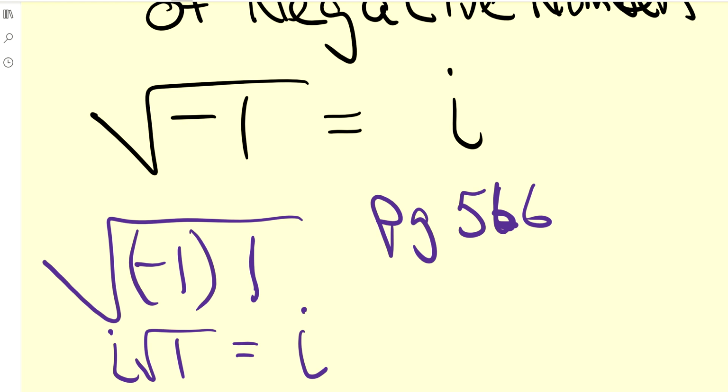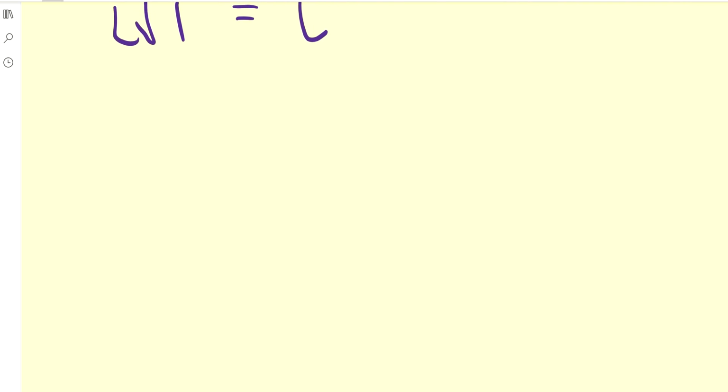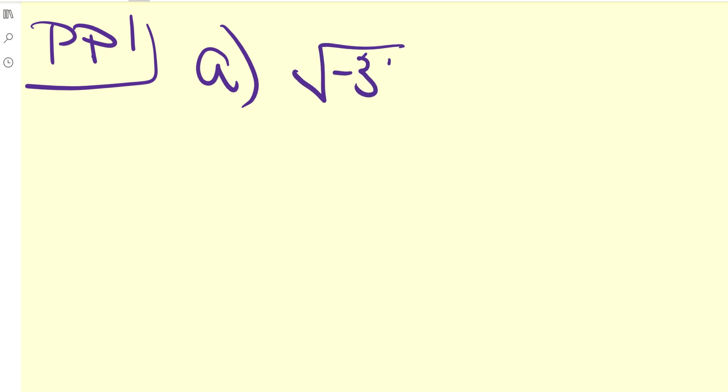Okay, so I'm going to give you some examples now, starting with example 1, practice problem 1. Let's start with A, B, C, D. So A is the square root of negative 36. This is saying the same thing as the square root of negative 1 times 36.